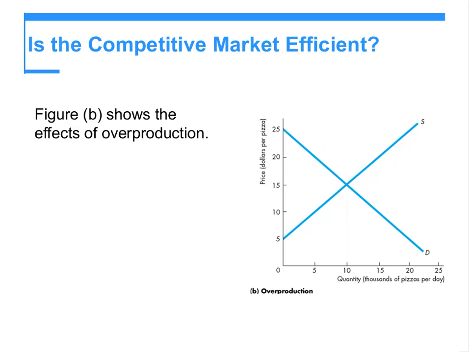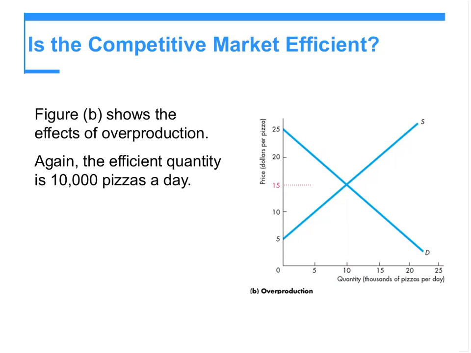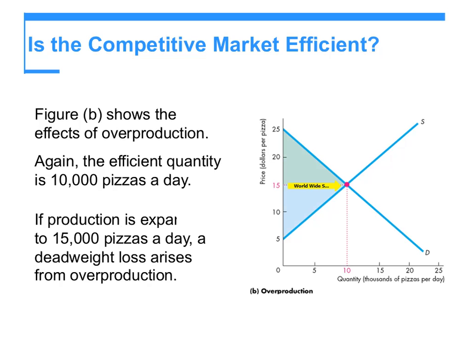Figure B shows the effects of overproduction. Look at here, again, the efficient quantity is 10,000 pizzas a day that we were talking about. So this is the efficient quantity equivalent. If production is expanded to 15,000 pizzas a day, meaning passing the 10,000, which is equivalent, a deadweight loss arises from overproduction.